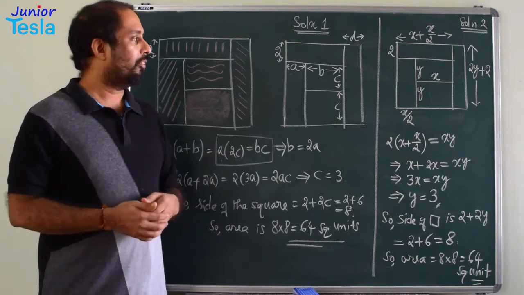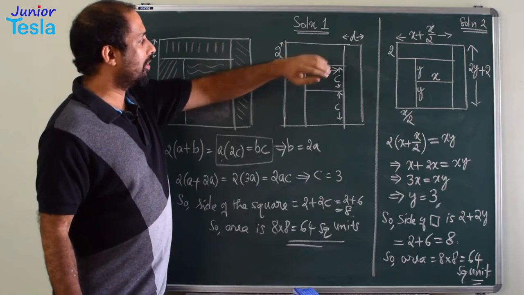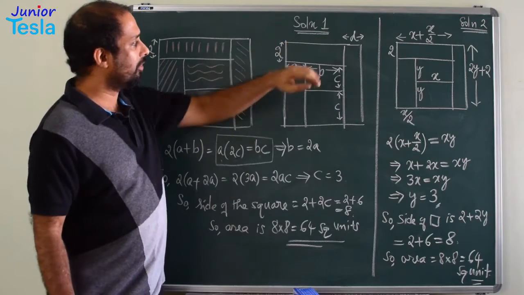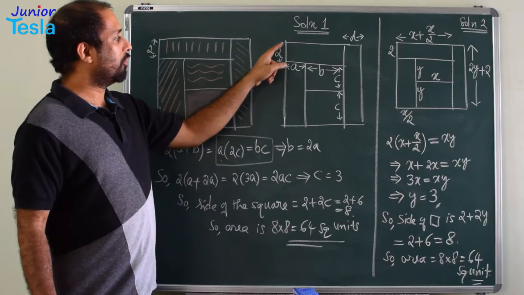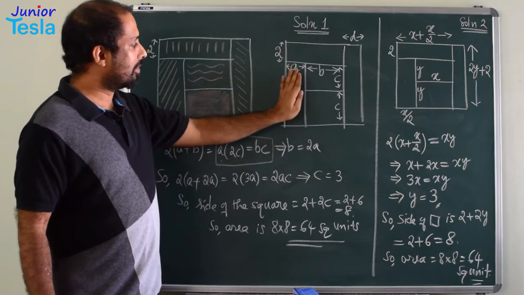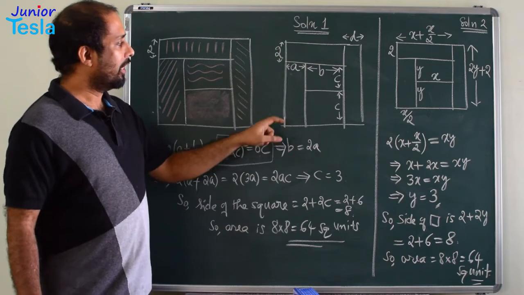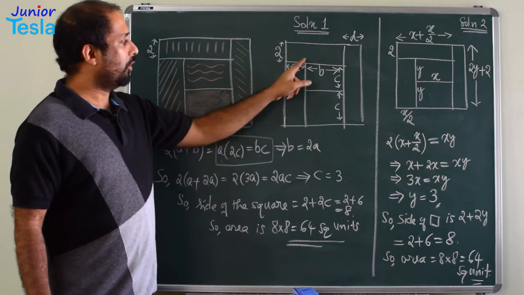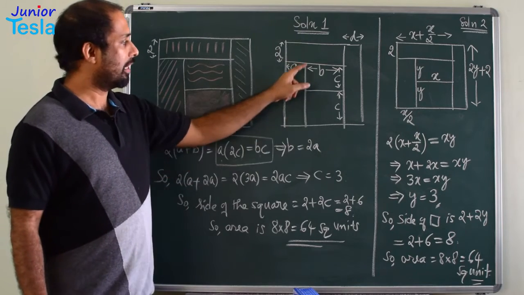Now using these unknowns A, B, C, D, I can write the area of any of these regions. For example, the area of this region is length into breadth, so 2 into A plus B. Similarly, this vertical strip, what is the area? It is A into 2C, because this length is 2C.